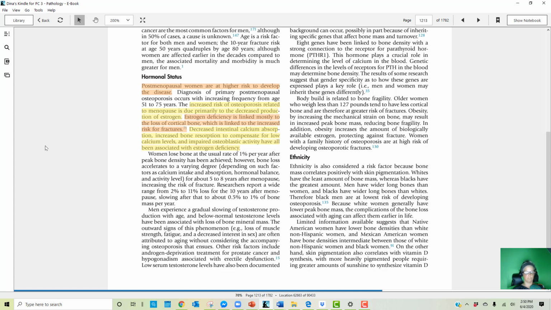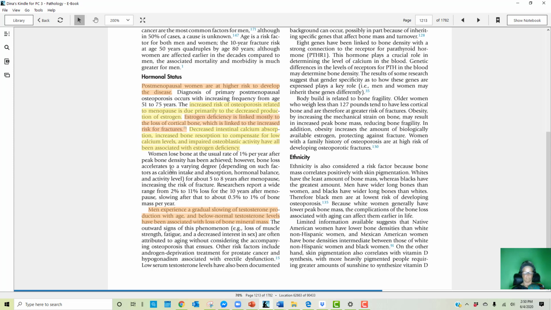Men experience a gradual slowing of testosterone production with age, and below normal testosterone levels have been associated with loss of bone mineral mass. The outward signs of this phenomenon, for example, loss of muscle strength, fatigue, and decreased interest in sex, are often attributed to aging without considering the accompanying osteoporosis that ensues.